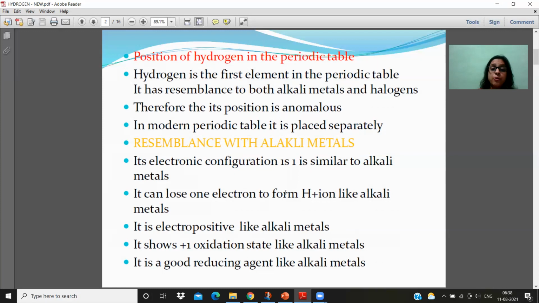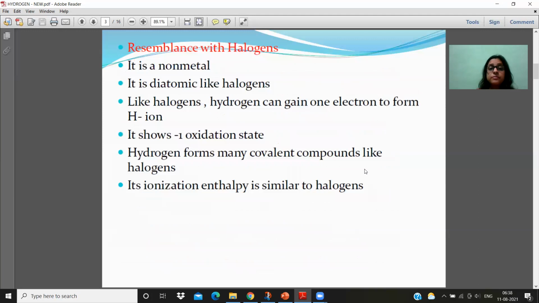It shows electropositive nature like alkali metals. It also shows +1 oxidation state usually, which is shown by the alkali metals. And because it can easily lose its electron, we can say it is a good reducing agent, which usually the alkali metals are.